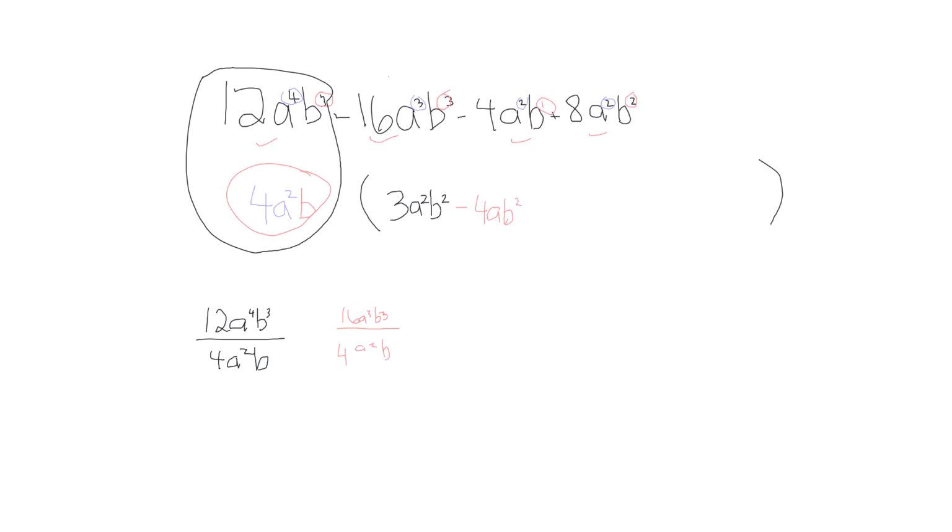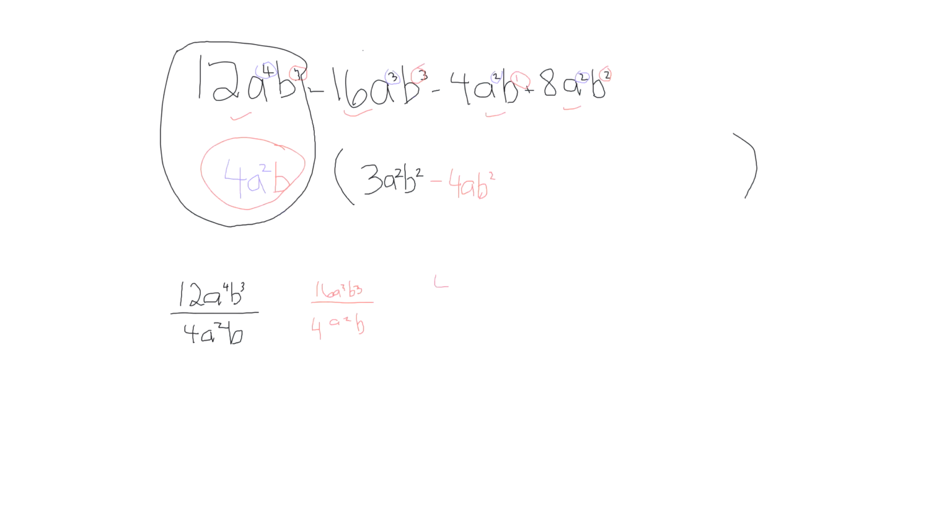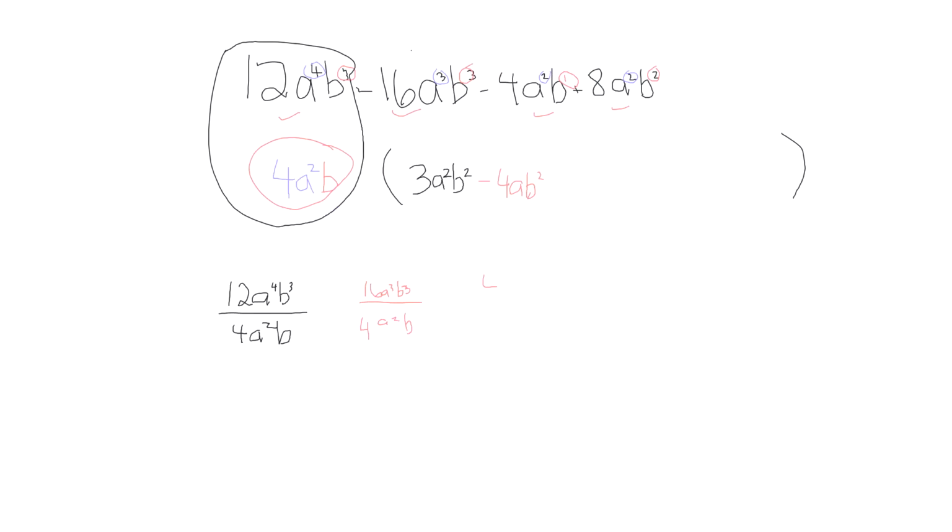And then my next little problem is 4a squared b divided by 4a squared b.